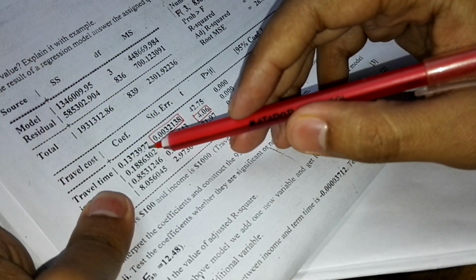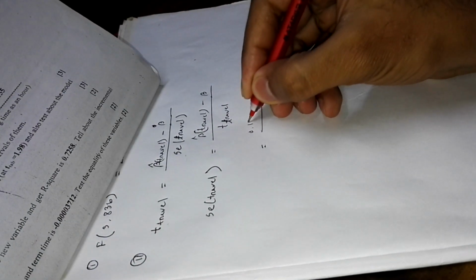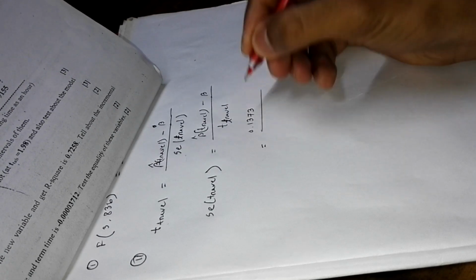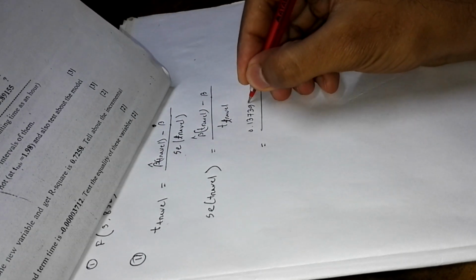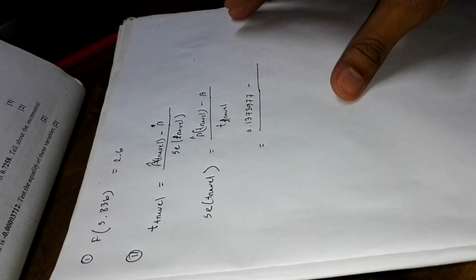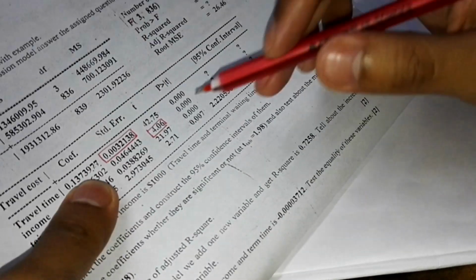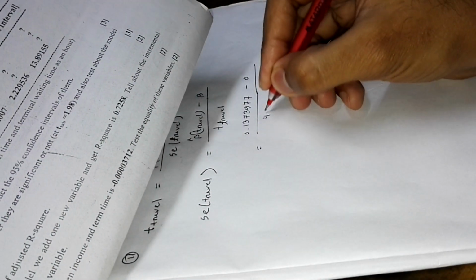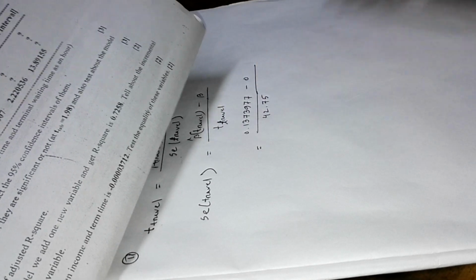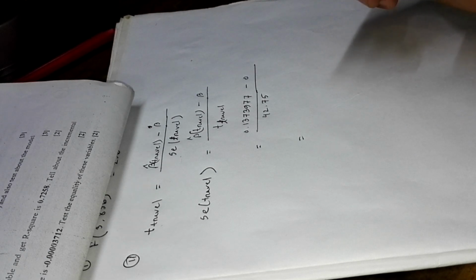Beta travel is this one, I write it here: 0.1373977, and the population beta is 0 as usual, and the t travel from the table is 42.75. Okay, this is our equation. Let's find out the answer.